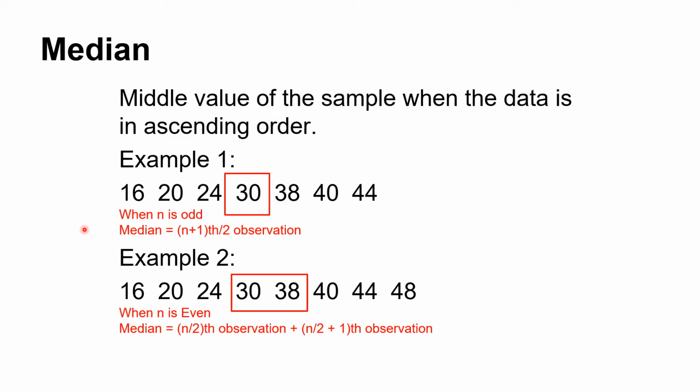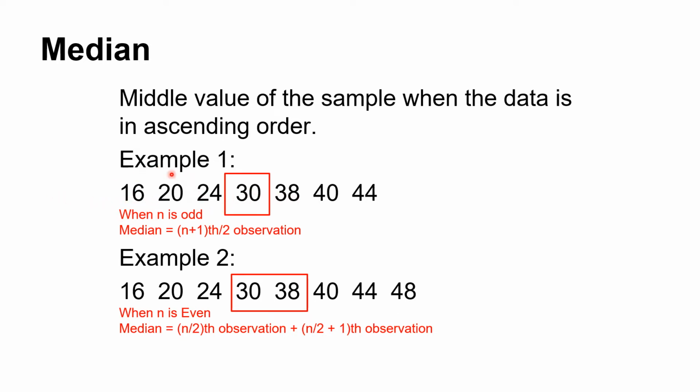The number of data here is 1, 2, 3, 4, 5, 6, 7, and 7 is an odd number. When the data is odd, the number in the middle is the median. There are 3 data on the left and 3 data on the right.